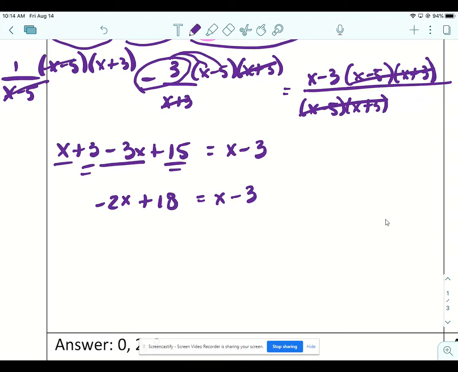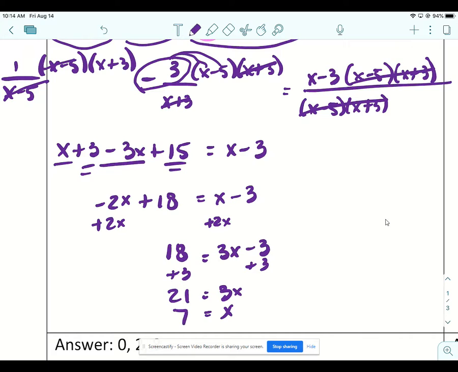All right, then we would get everything on one side. It doesn't matter which side. I'm just going to go ahead and move my 2x over with the x. All right, and then add 3. All right, and we should get that x is 7.